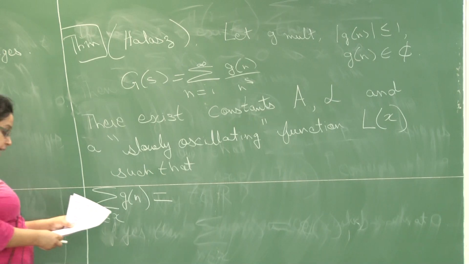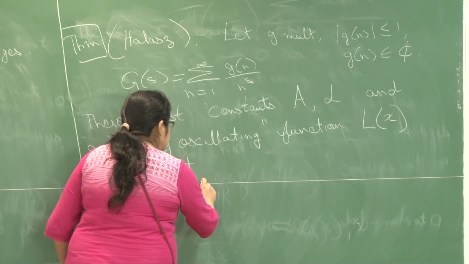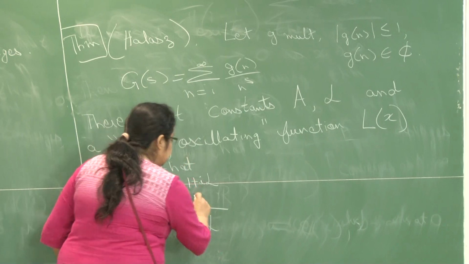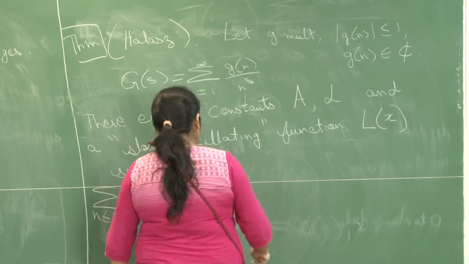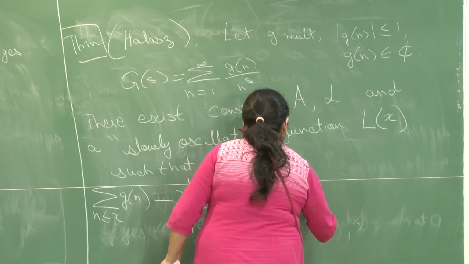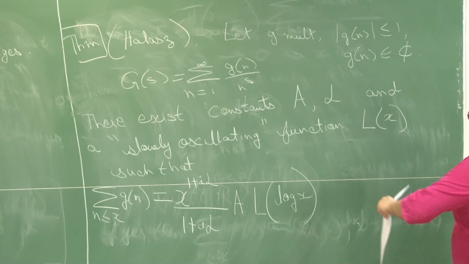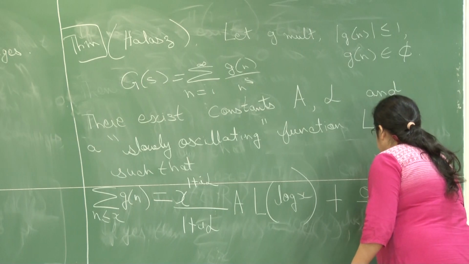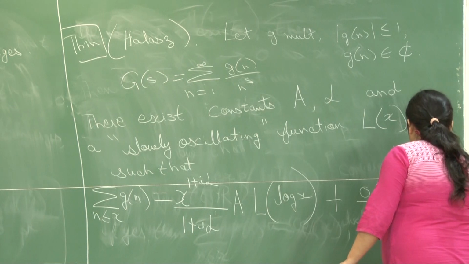So, the sum of g of n, the partial sums, is equal to x raised to the 1 plus i alpha over 1 plus i alpha times capital A times the function L applied to log x, plus little o of x as x goes to infinity.